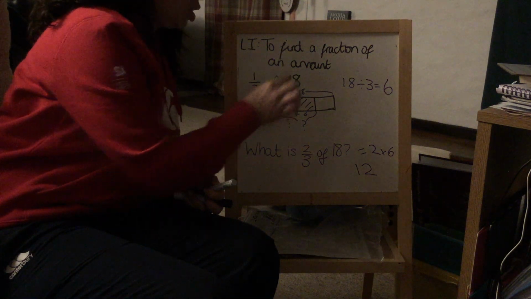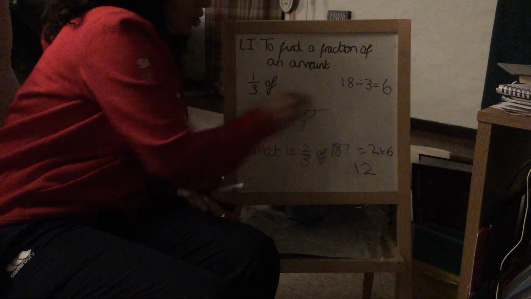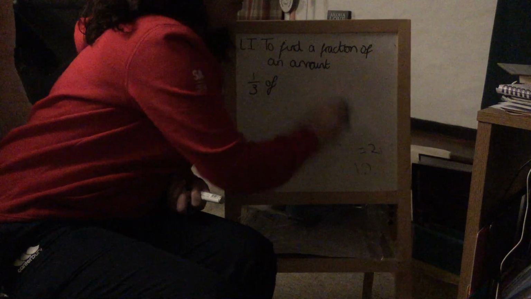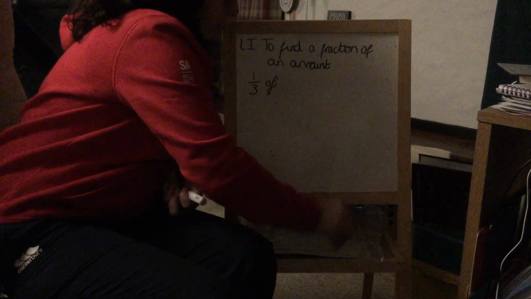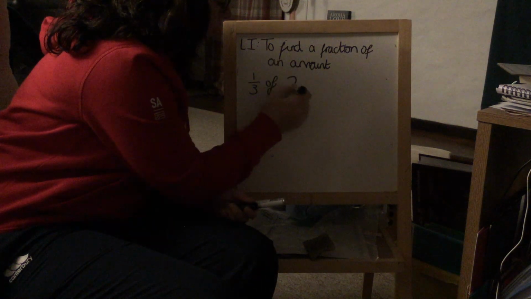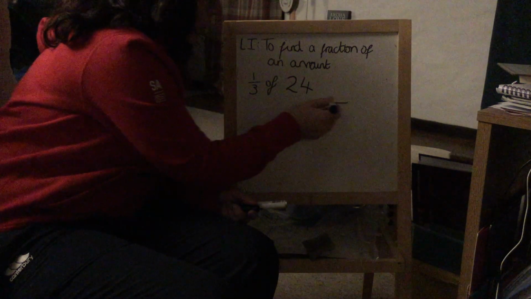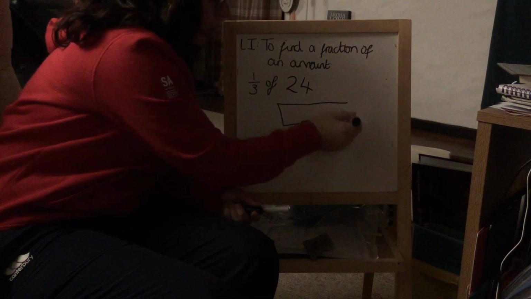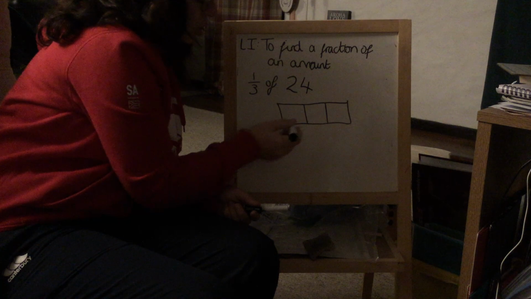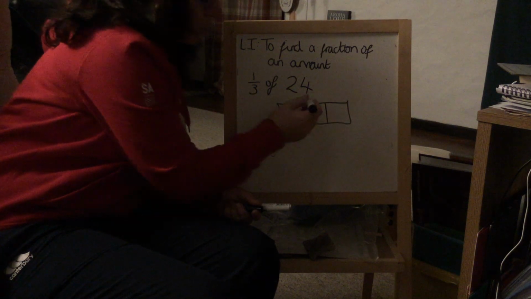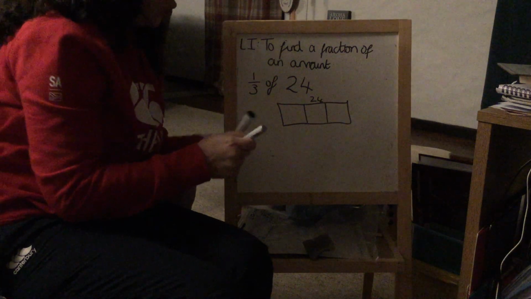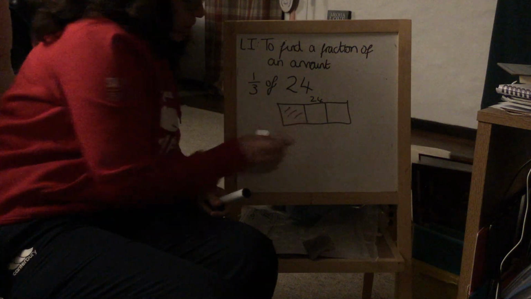So we're going to do now 1/3 of 24. Again, we have our bar split into thirds, and we know the whole bar has a value of 24. And we're going to find out what 1/3 of this is.